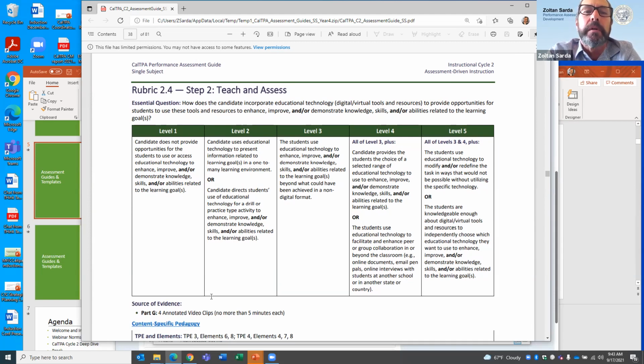And as she said, the key words here on the rubric are that the resources are used to enhance, improve, and/or demonstrate knowledge, skills, and/or abilities. So how does technology enhance or improve their ability to learn the concept or to demonstrate their knowledge?